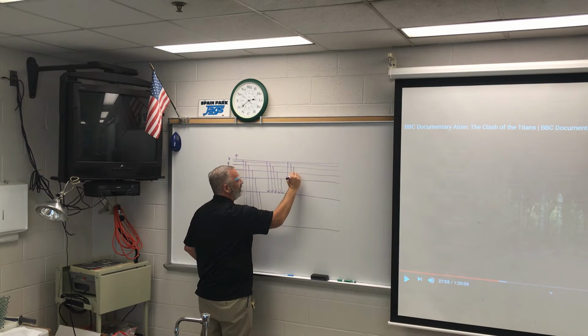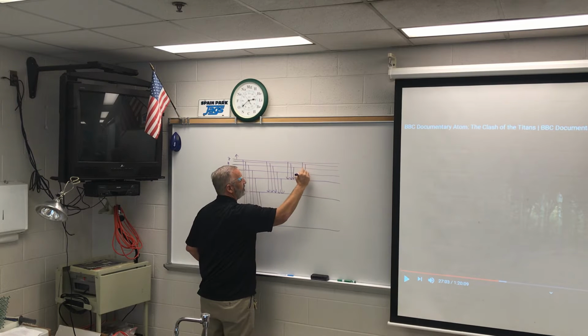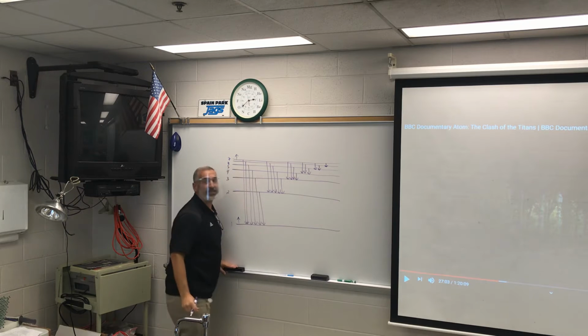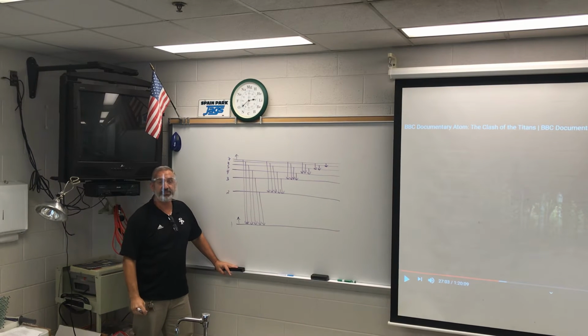We have all of these different possibilities. That's every single possibility of an electron transition. There's 21 different possibilities. Okay?